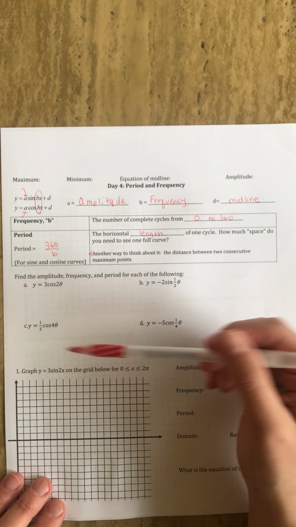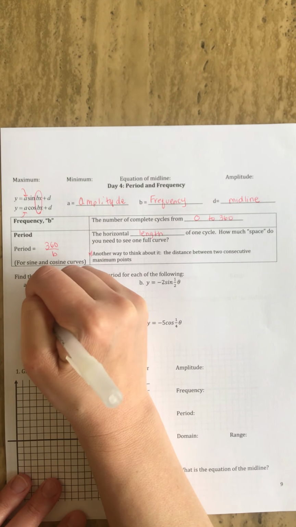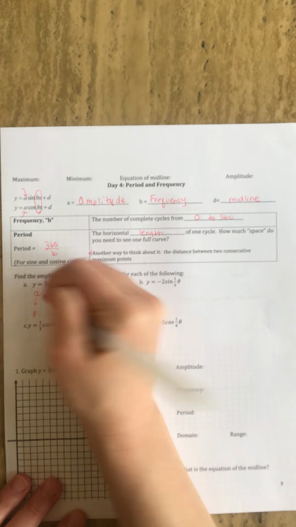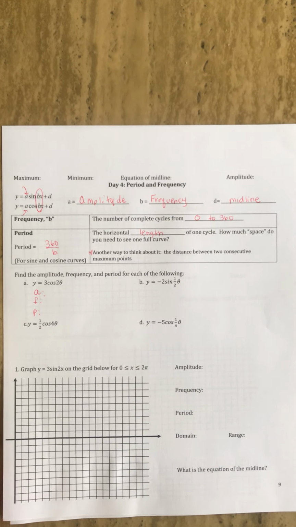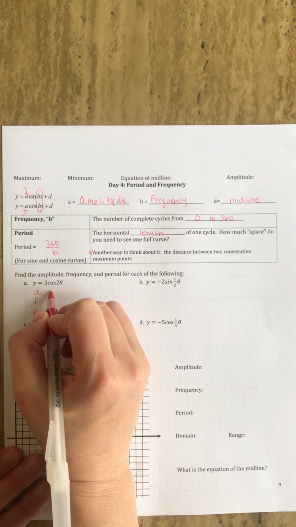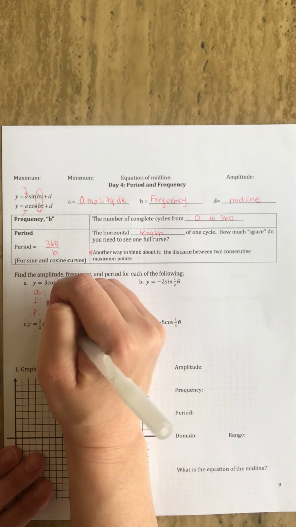Okay, so for A through D, they want you to go ahead and talk about the amplitude, the frequency, and the period. In this case, the amplitude is sitting right out in front, so our amplitude is 3. The frequency is 2.